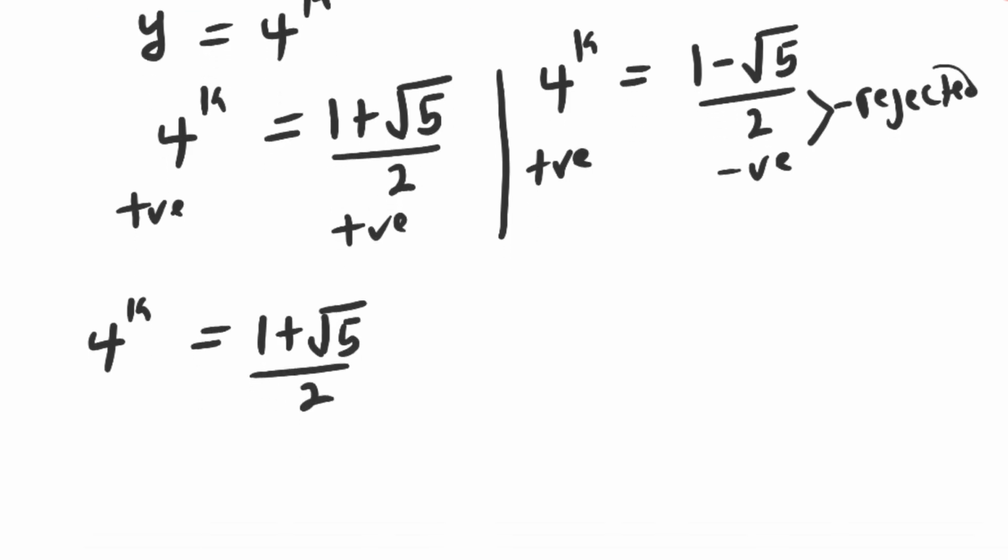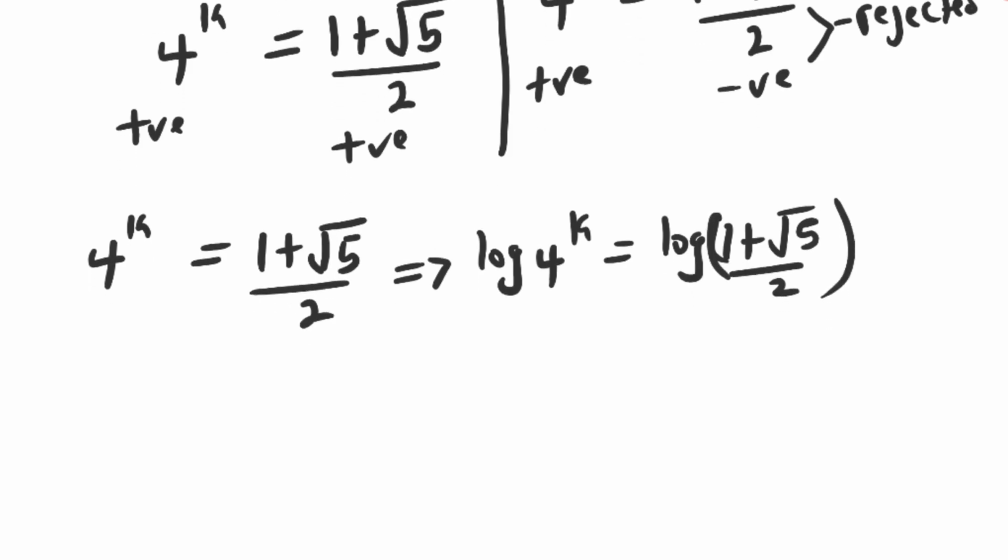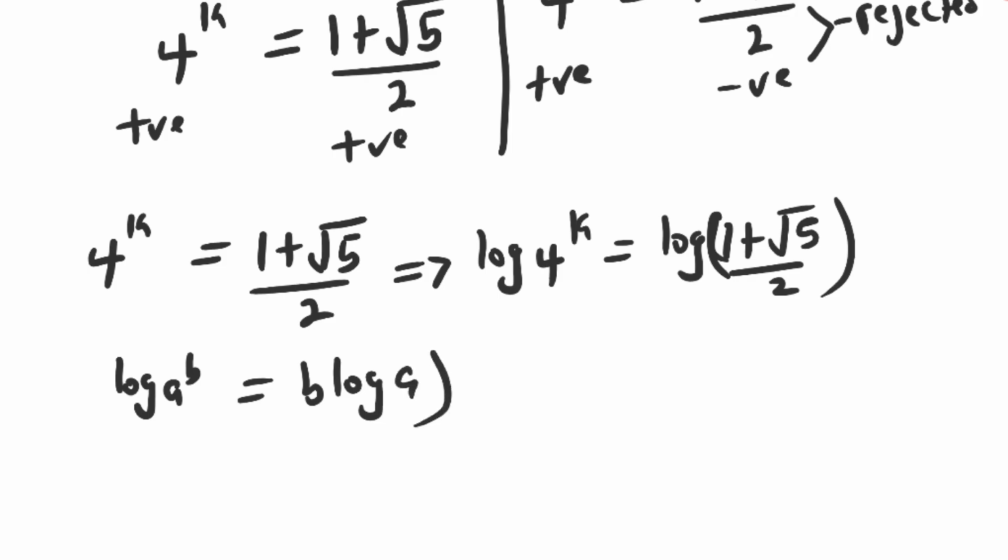Let's take the log on both sides of this equation. This is log 4 raised to power k is equal to log of 1 plus root 5 over 2. If you have log a raised to power b, this is equal to b log a.